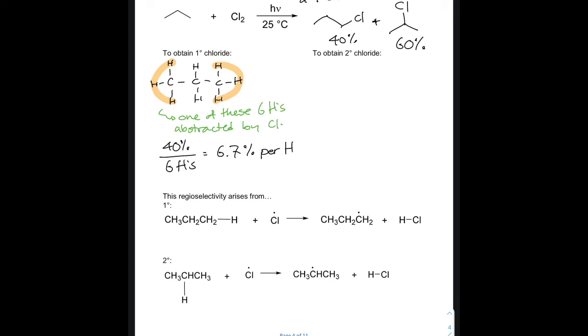So let's compare that to the relative reactivity of the secondary hydrogen, okay? To get the secondary chloride, we need the abstraction of the hydrogen by the chlorine radical to happen at one of these 2 hydrogens, right?